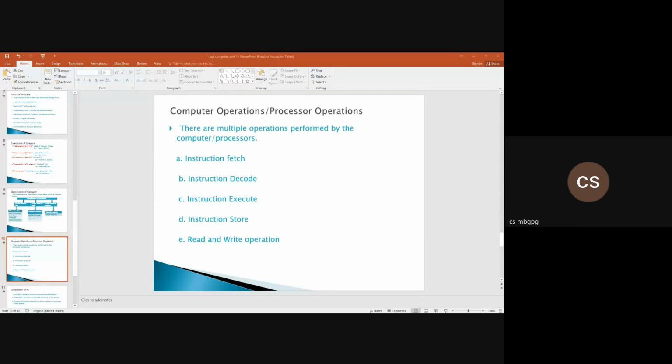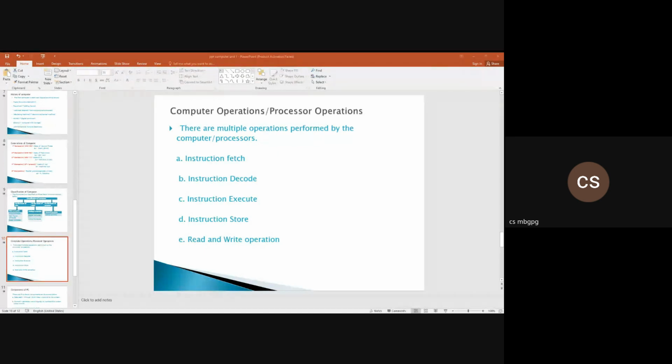So information should be accurate and information should be complete. After that, the data processing cycle will be completed. We have given the data input to the machine. In the machine, the data is processed.